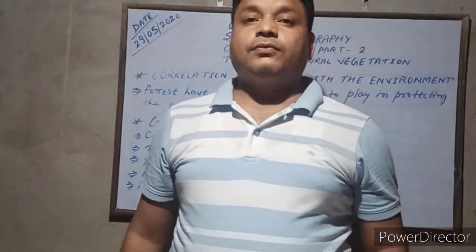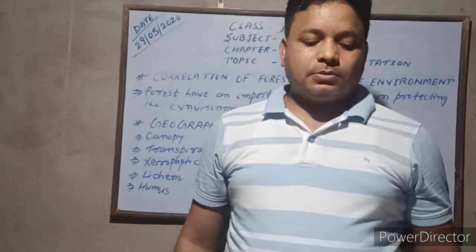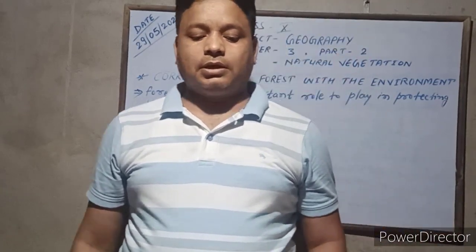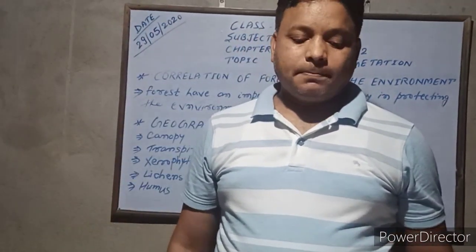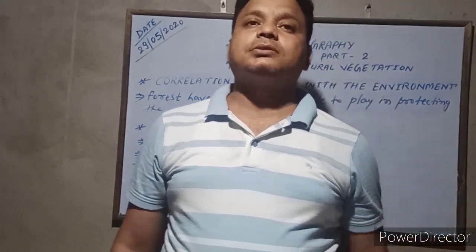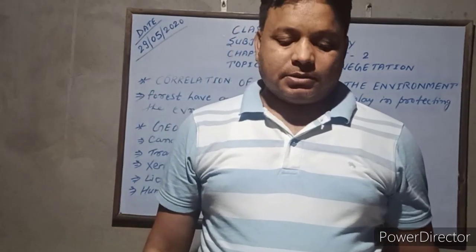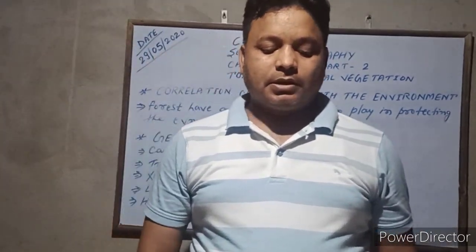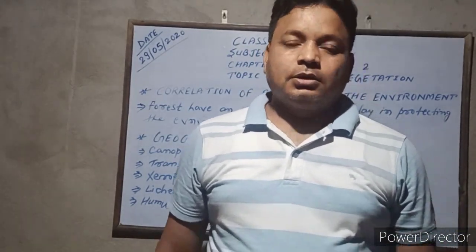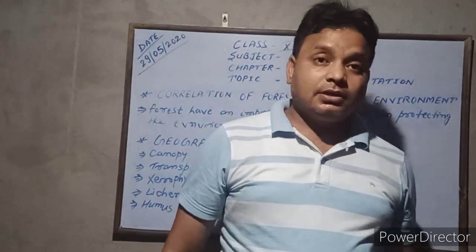The thick layer of humus in the forest soil absorbs the rainwater and helps maintain the underground water table. The decayed leaves, branches and barks of the trees and other organic matter provide humus to the soil, thereby making it fertile. The forest leaves also make the soil fertile because they decay in the soil.